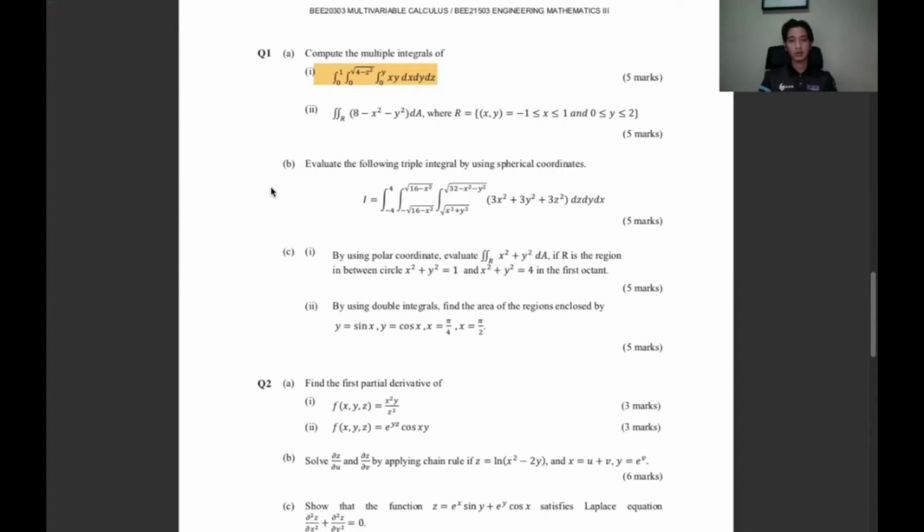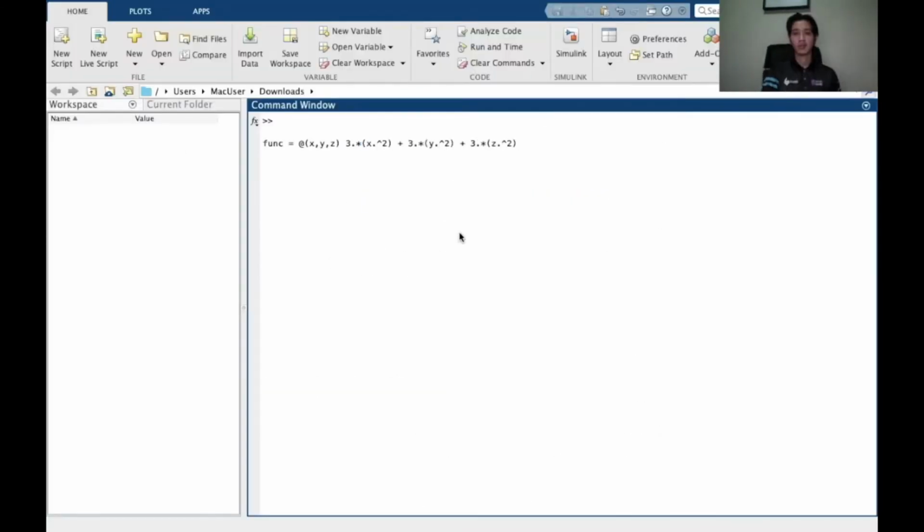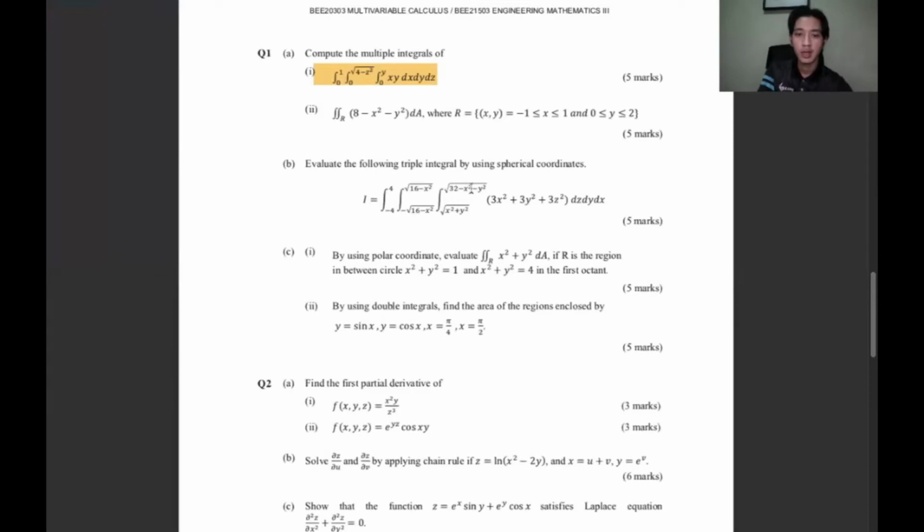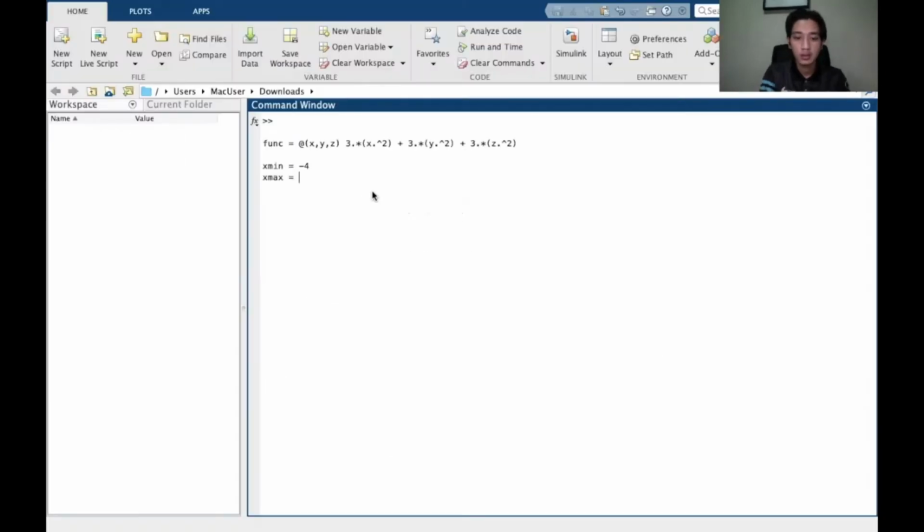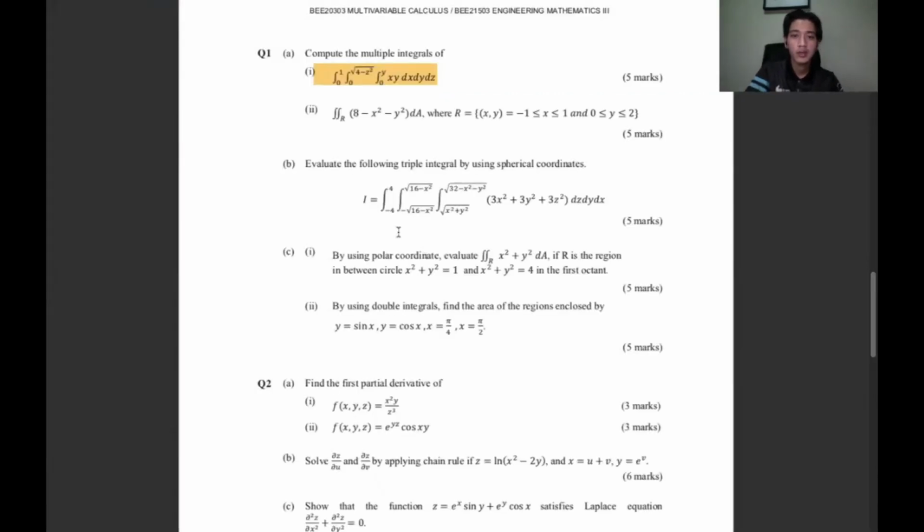Now let's move to question B, which is to evaluate the following triple integral by using spherical coordinates. Now let's define the lower limit and upper limit for dz, dy, and dx. Now let's find the triple integral for this question.